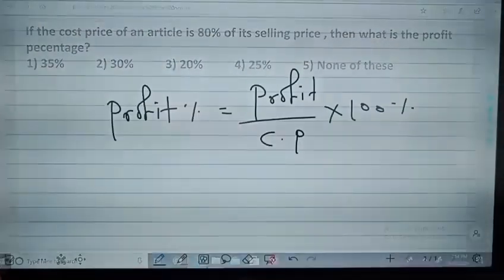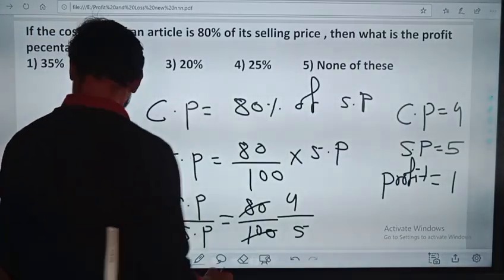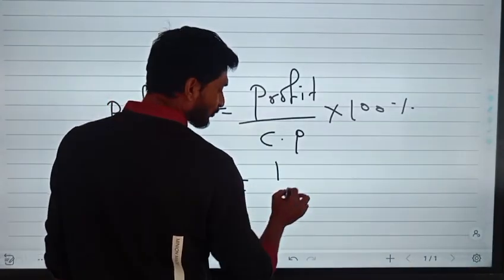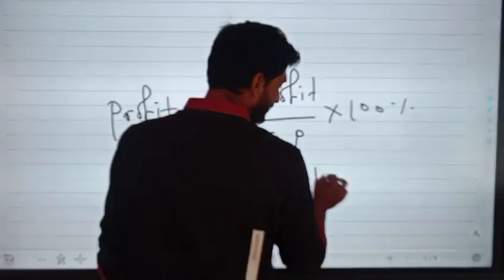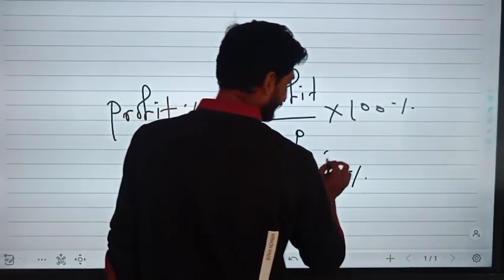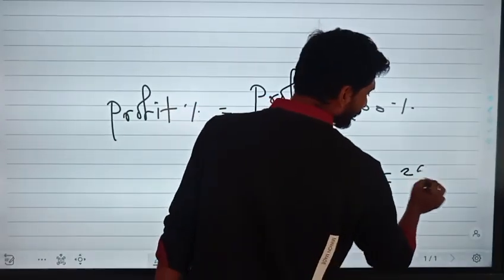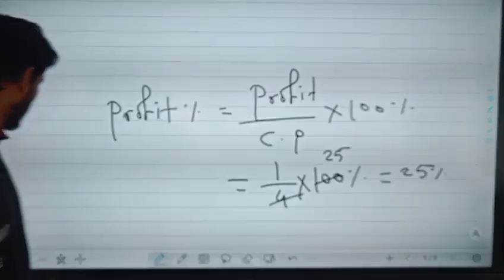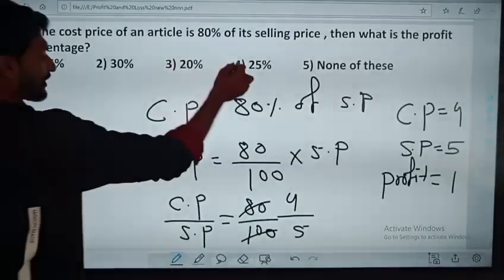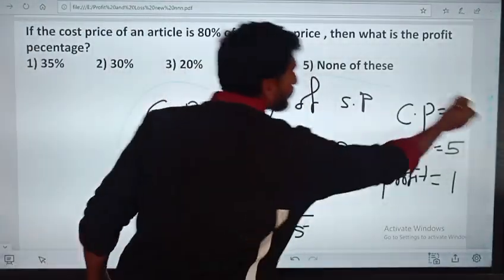Profit is 1, your cost price is 4. Then we write profit is 1, cost price is 4, into 100%. That is 25%. Then your profit percent is 25%. Now your answer is 25%.